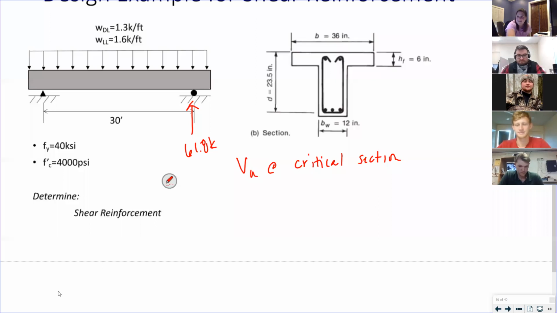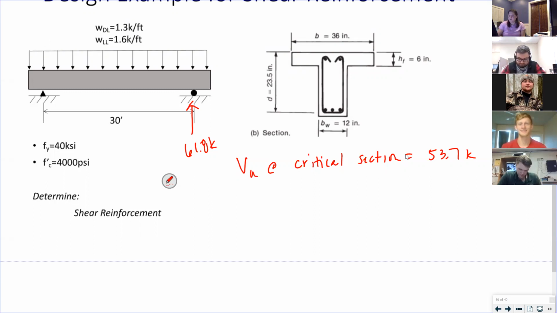So I get reactions of 61.8 kips. My VU at the critical section is 53.7.